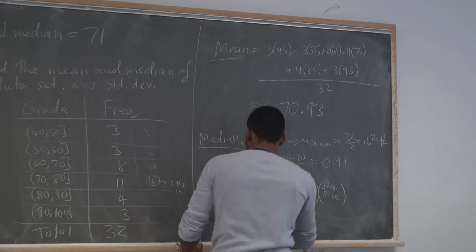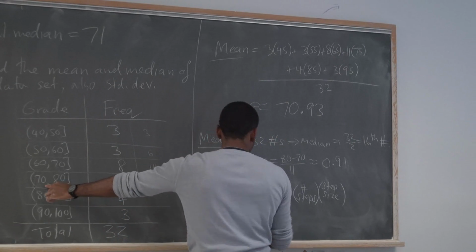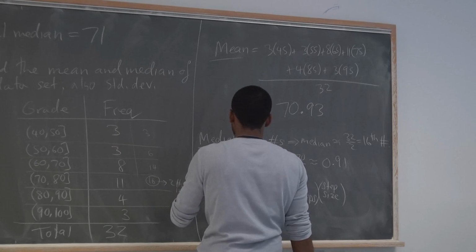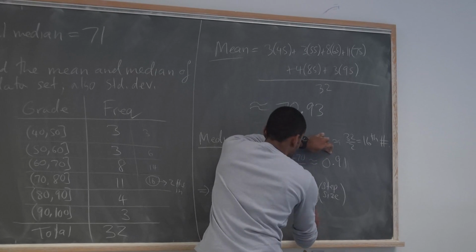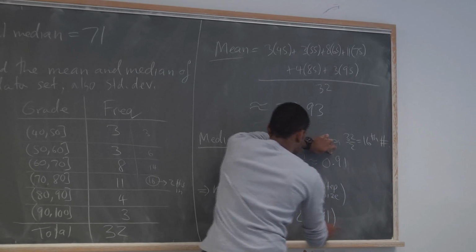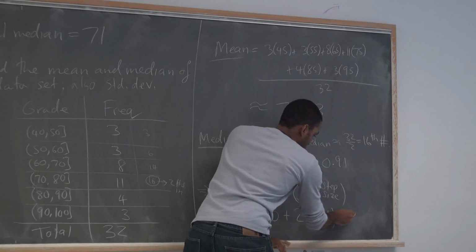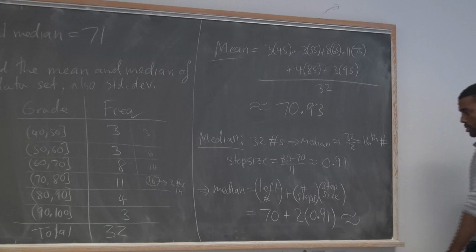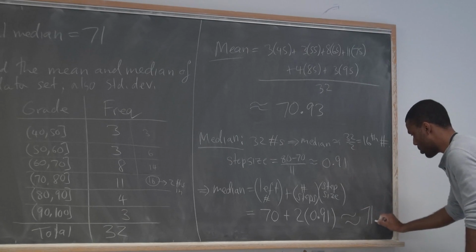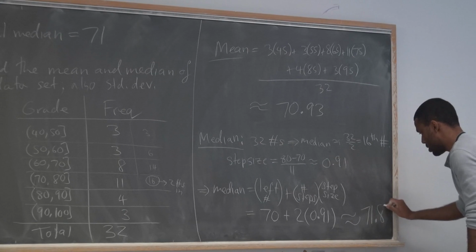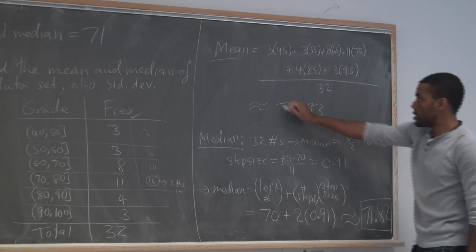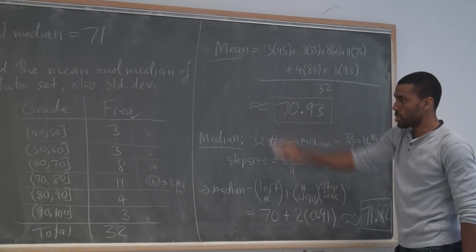So the left endpoint is 70, plus we need 2 numbers, and we're walking at a size of 0.91. And that gives us 71.82 as our approximation for the median. 70.93 is our approximation for the mean.